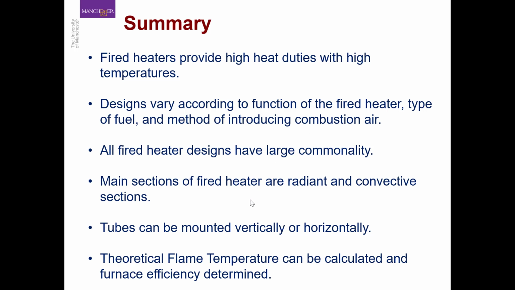We also looked at the basic fundamentals of furnaces in terms of radiant and convective sections, and we mostly talked about this type of furnace, but the fundamentals and basic concepts are the same for different furnace designs as well. We also said that the tubes can be mounted vertically or horizontally, and mostly for cylindrical furnaces we have vertical tubes, but for box type furnaces we prefer horizontal tubes, but again it's a matter of choice and depends on the process design.